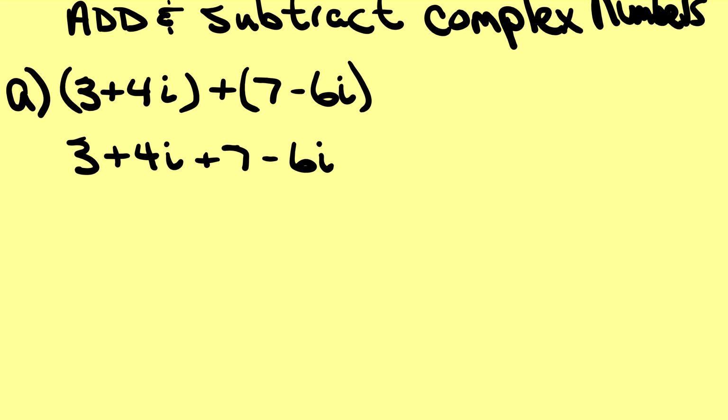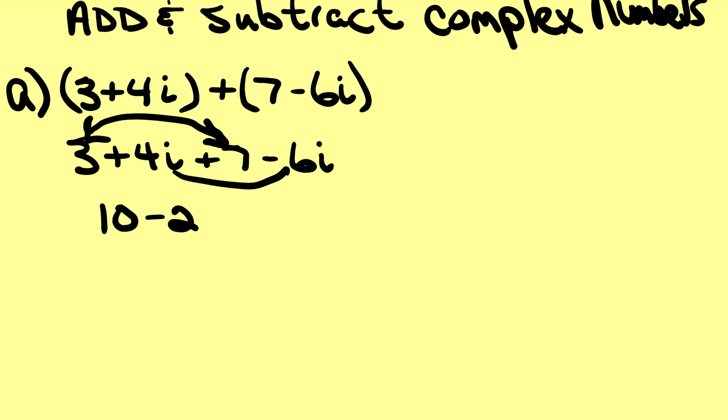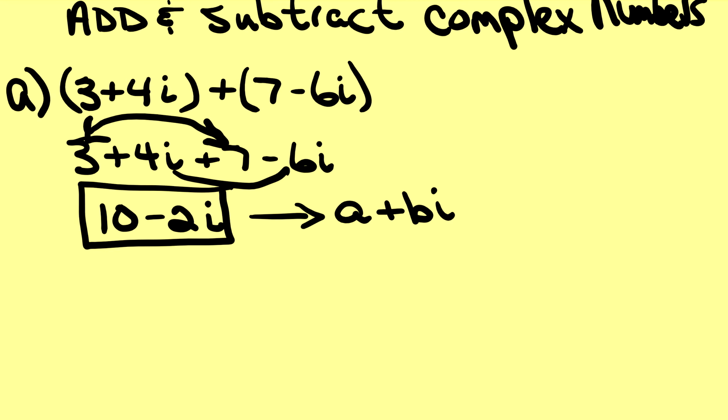And my like terms are these constants of 3 and 7. That'll give me 10. And then how about 4i minus 6i? 4i minus 6i is negative 2i. And notice this answer is in the a plus bi form. So this is my solution for example 5a.